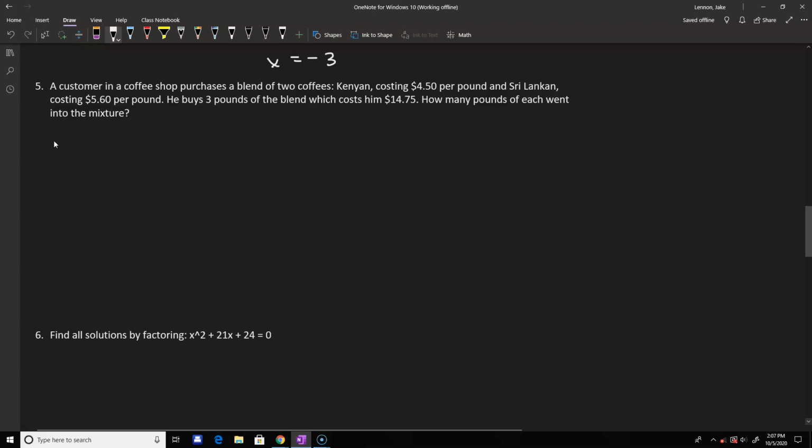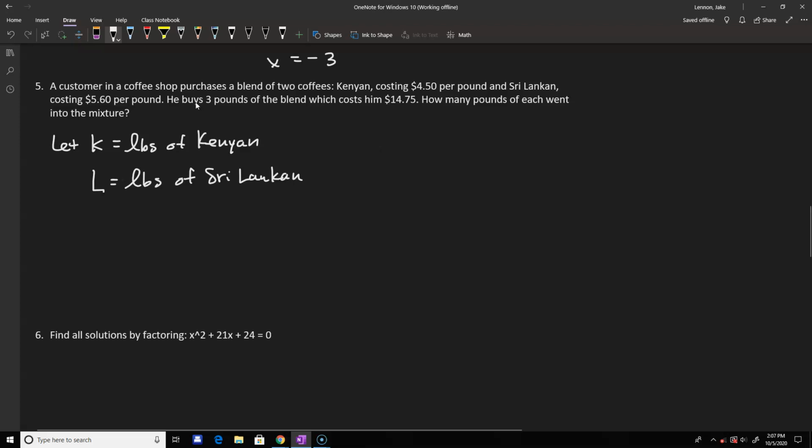Let K be the pounds of Kenyan mixed, and I'm going to use L, because my S can look like a 5, for the pounds of Sri Lankan. From that we should be able to get our 2 equations.